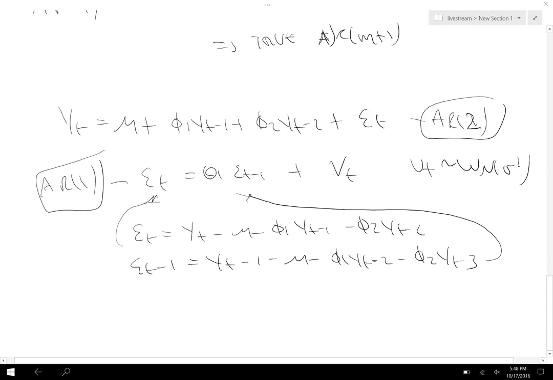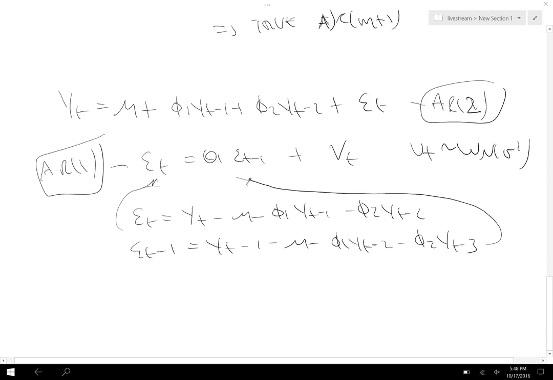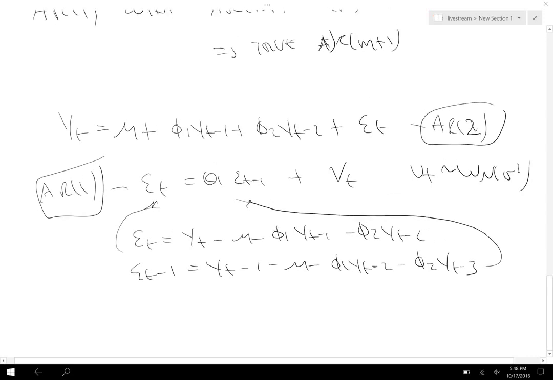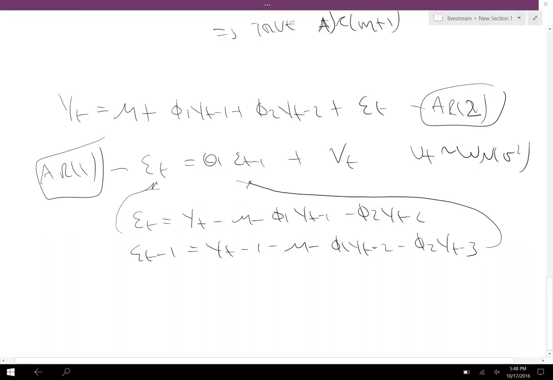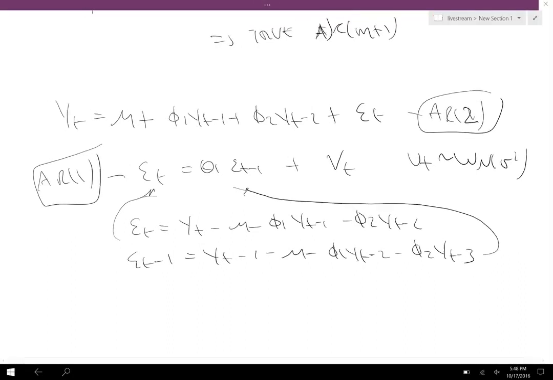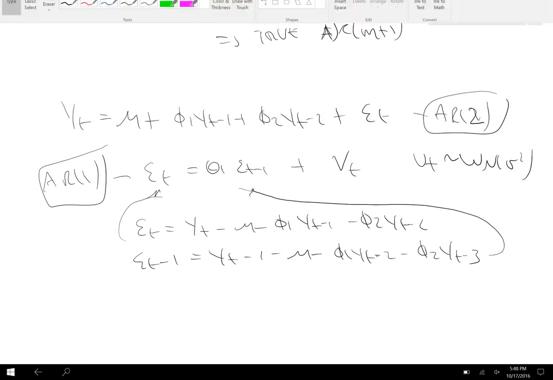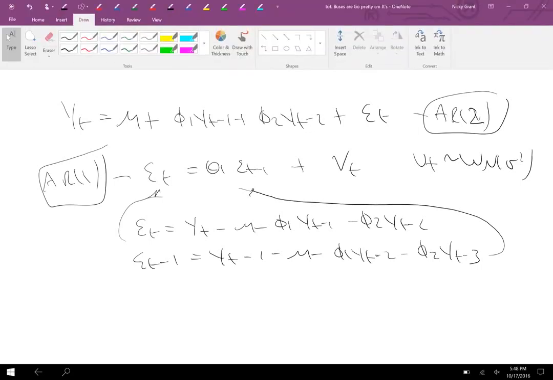So the general rule is: if we have an AR(2) model with AR(1) errors, then we can show that the true model must be an AR(3), and this all generalizes.